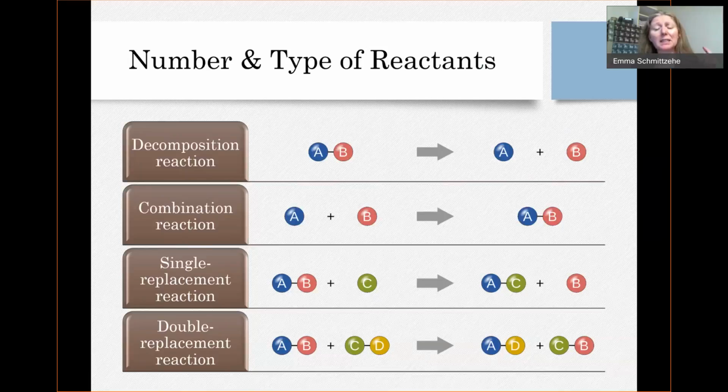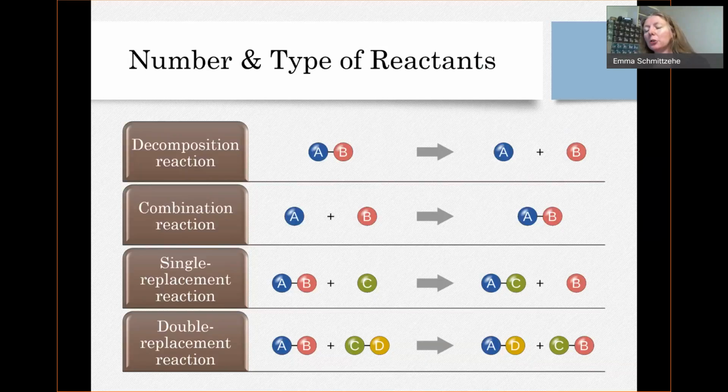And what happens is they swap ion partners. Each compound splits essentially into two pieces, and then they just swap partners and form two new compounds.